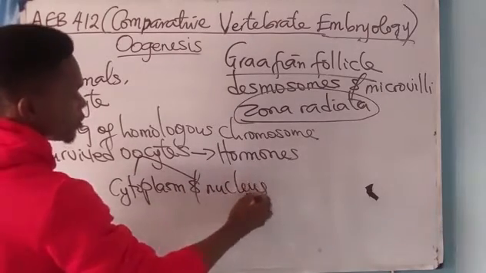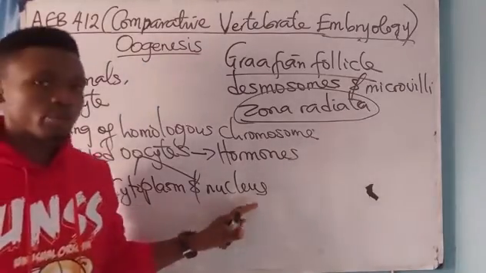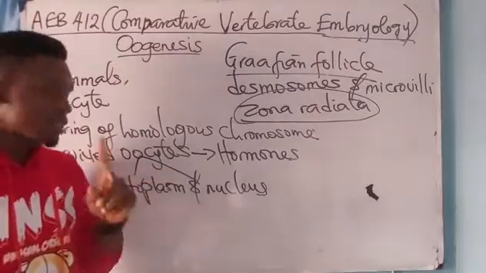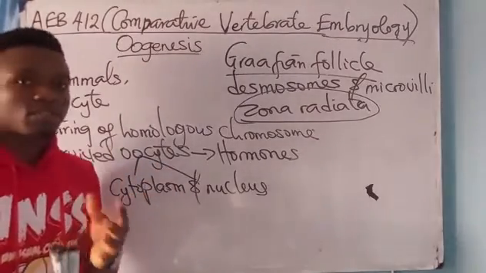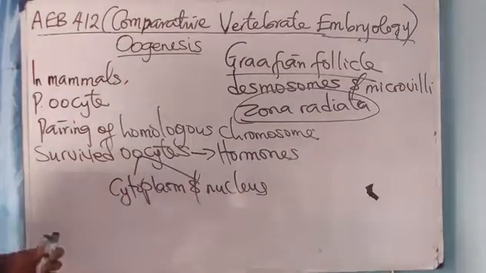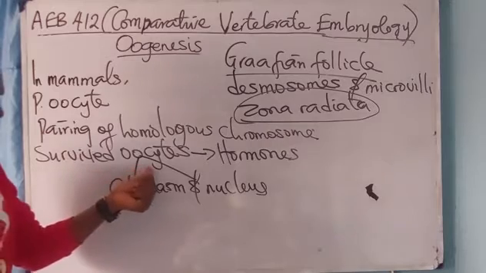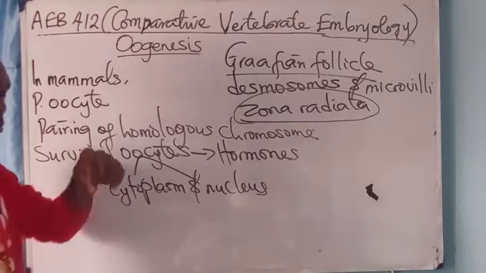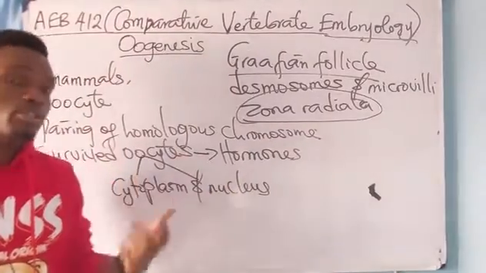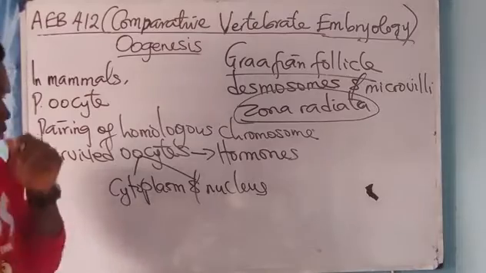Take note, the cytoplasm enlarges faster than the nucleus. It is very, very important. Please, the survived oocytes must be triggered by hormones and other environmental conditions associated with reproduction.